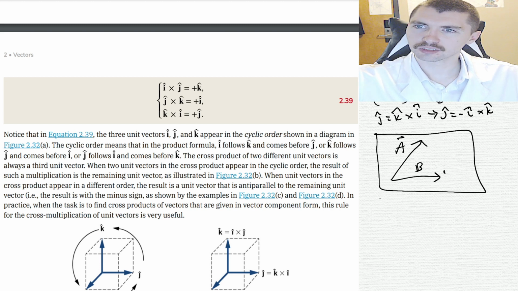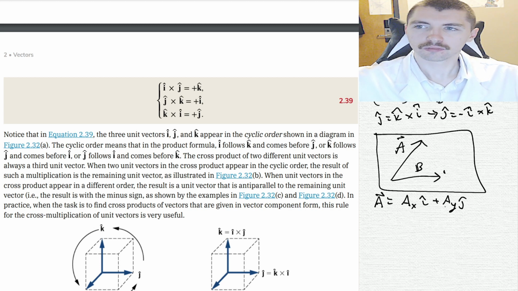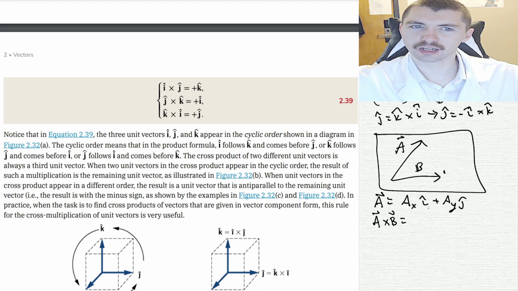A is the magnitude of A in the x direction times i hat plus the y magnitude times j hat, and same for B. So A cross B, there might be an interaction with i times i or i times j, where you get some k hat.